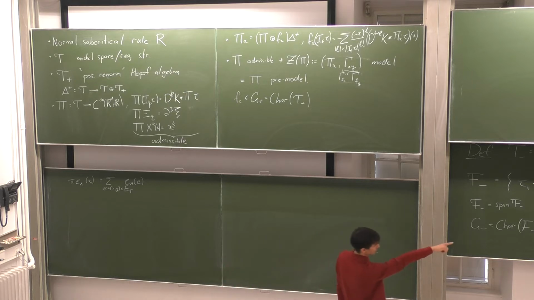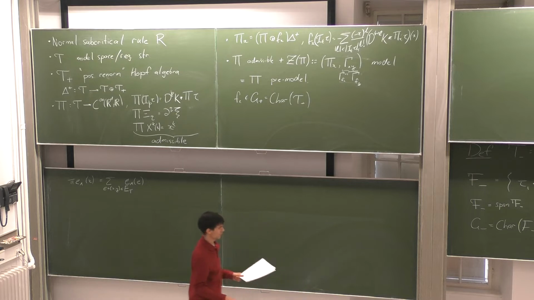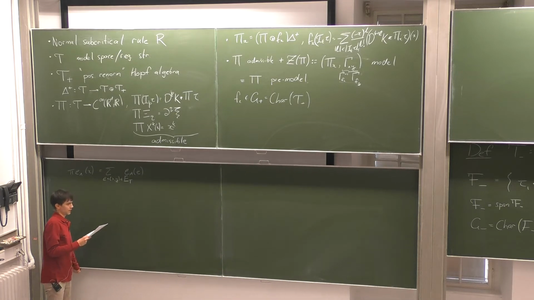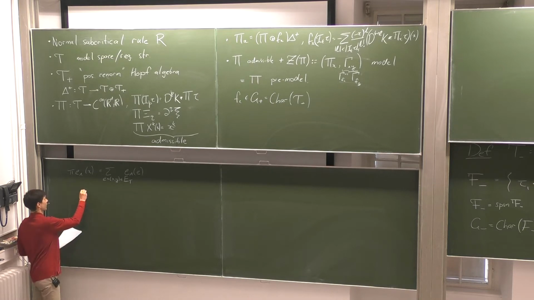And then the final thing that I have to define is what is this RA of T, and also what the node decorations are. So this is most easily done through a picture. So let's look at an example.